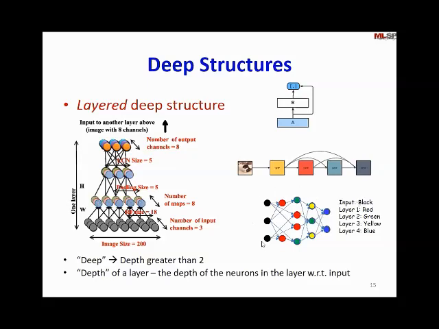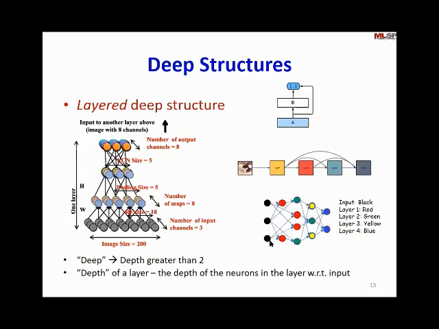So in this figure, for instance, can anybody tell me what the depth of this network is? Anyone? 3? 4. 4's in chat. So 1, 2, 3, 4, right? But then the set of neurons which are all at a depth of 1 with respect to the inputs are these red neurons. So these red neurons are the first layer.